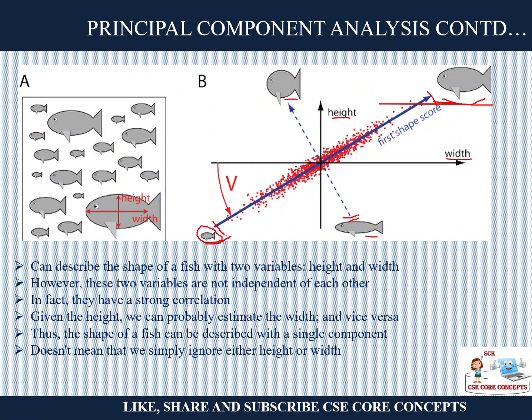But if you keep this line as the principal component, and you are showing the variation between these two, then this information is lost, and this information is also lost. But if you keep this blue line as your principal component, then this size to this size is your variation, so this includes this one and this one also. I hope you understood, right?